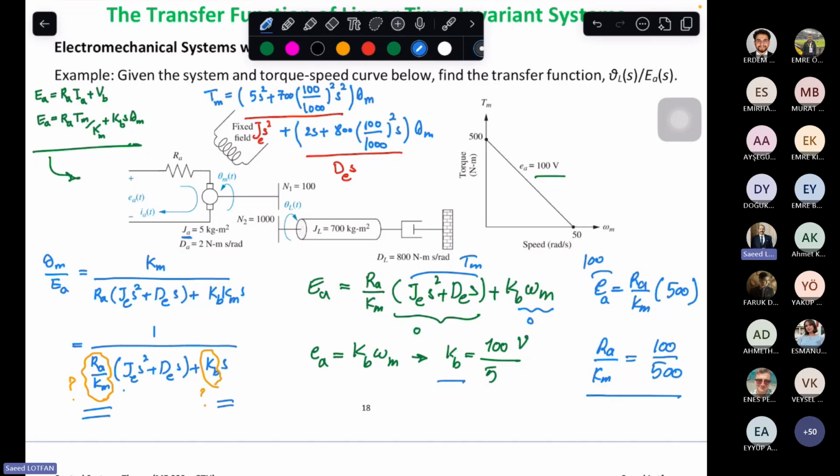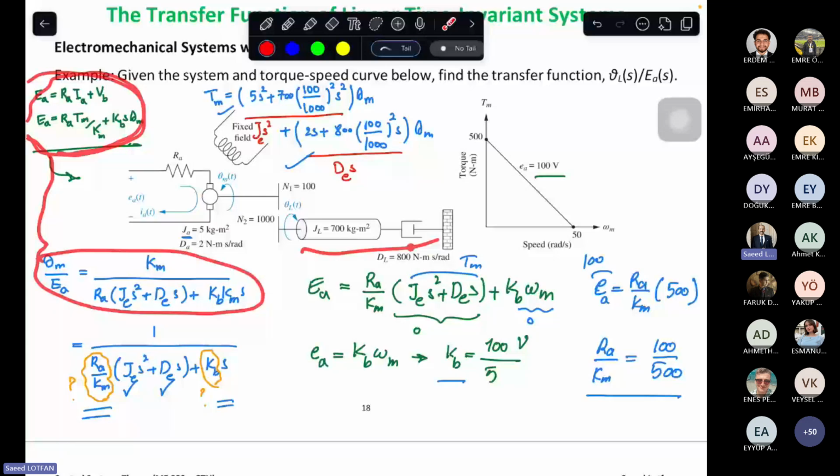Let me make it completely simple. We have these basic relationships. We come to this relationship here. Then from mechanics, we also get these. Then we see that at the final step, we don't have KB and RA over Km.